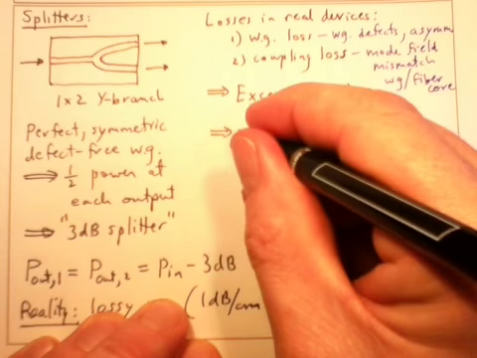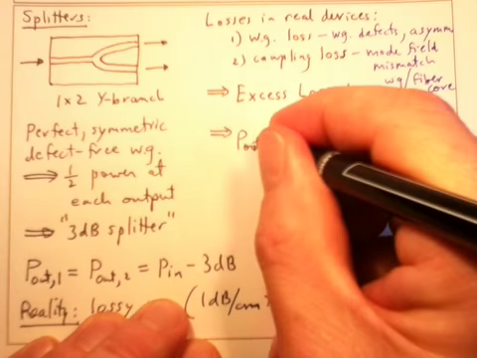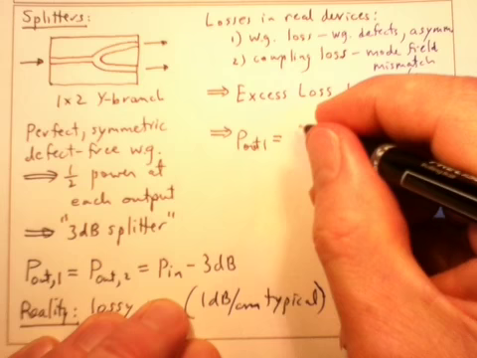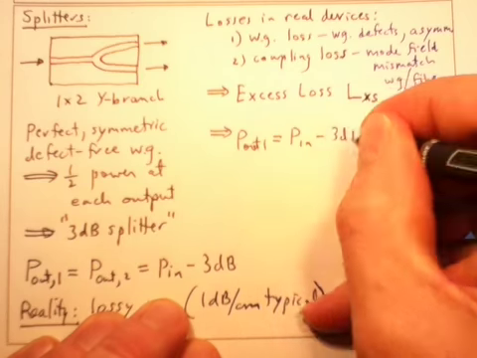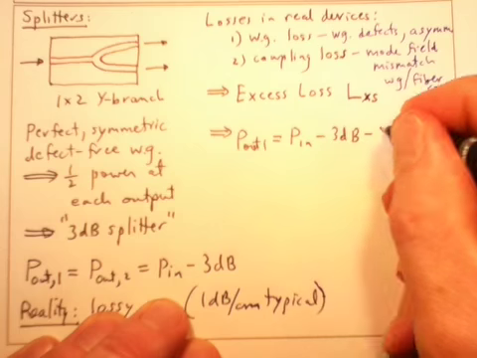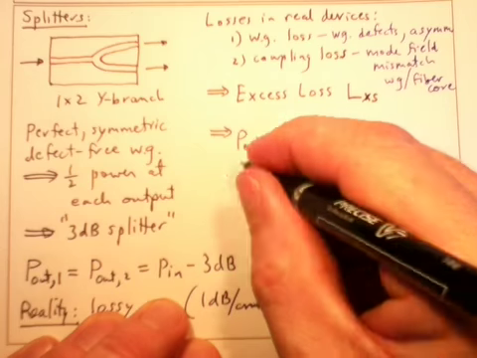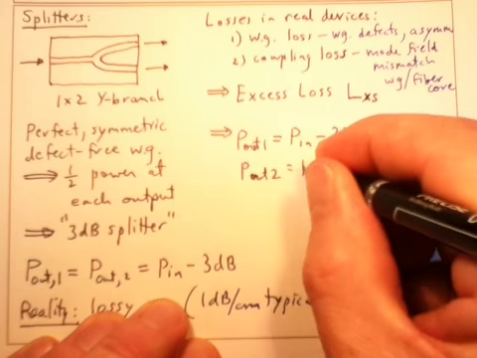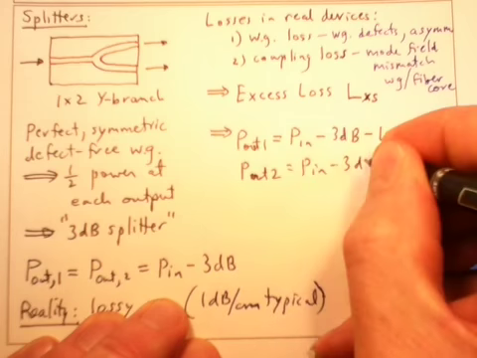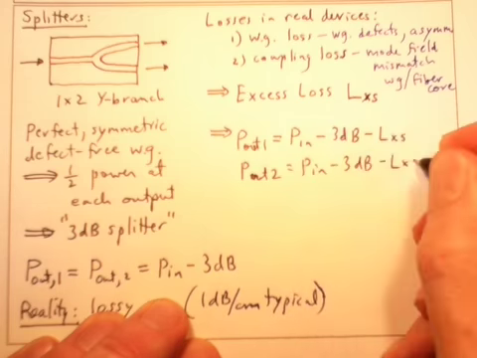and we can write that P out 1 is P in minus 3 dB minus LXS, and we can write that P out 2 is P in minus 3 dB minus LXS also.